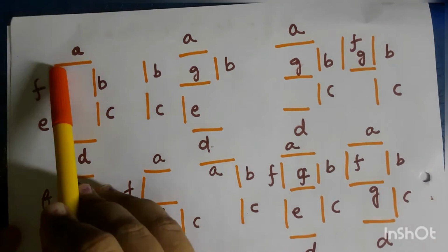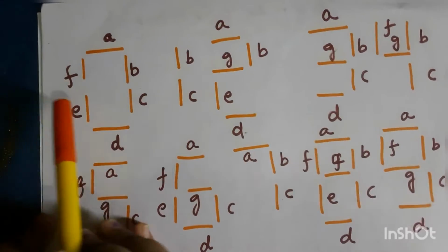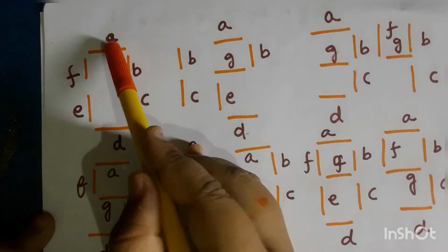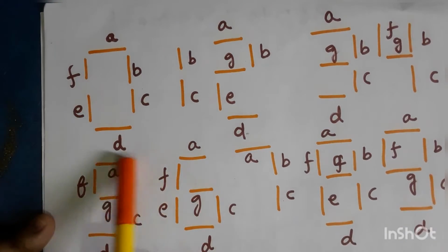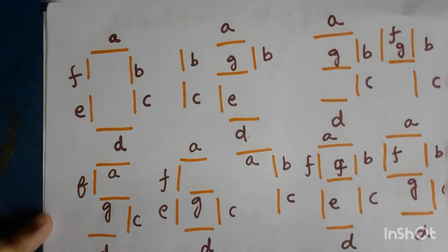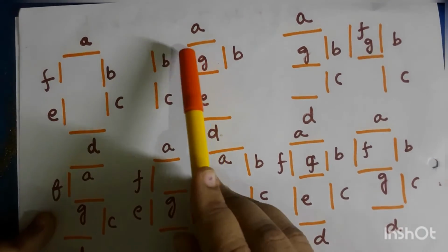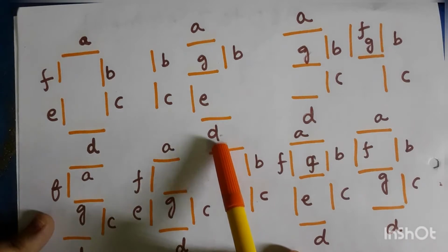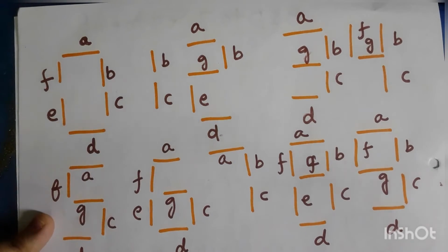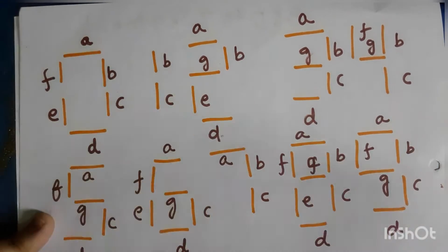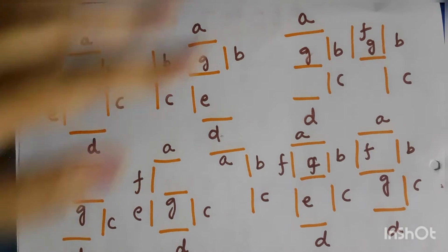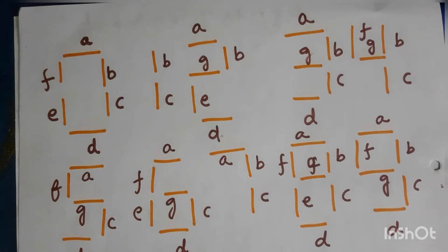For 0, it is A, B, C, D, E, F, and it looks like this. For 2, A, B, D, E and G would be on. For 3, A, B, C, D and G would be on. For 4, F, G, B and C would be on.